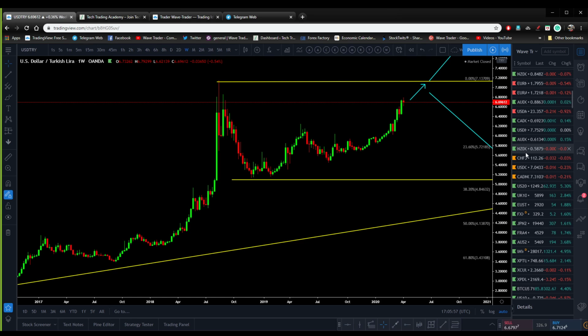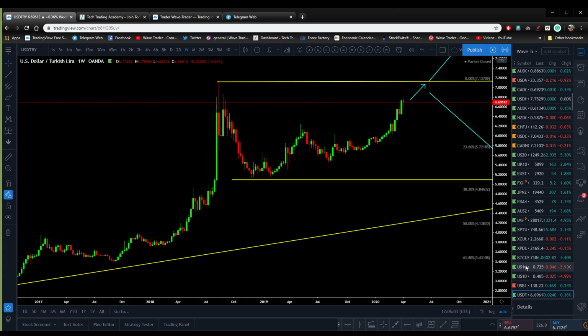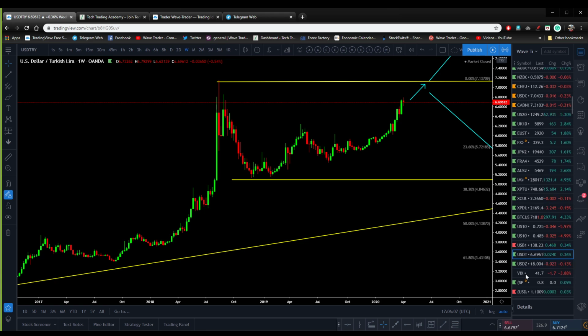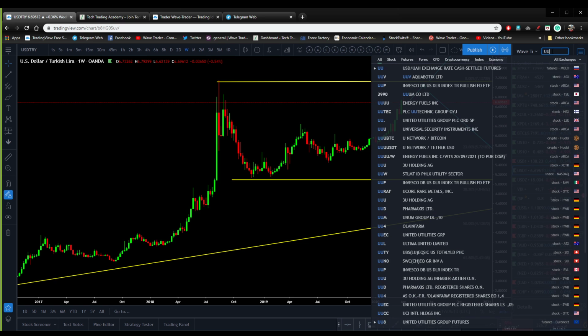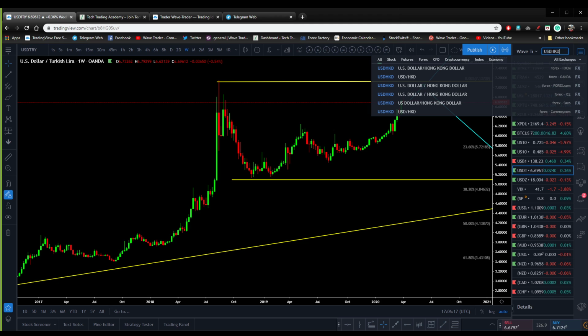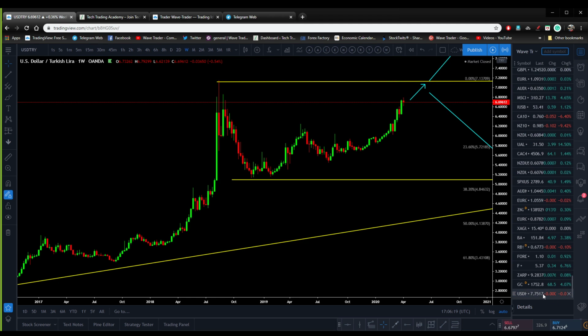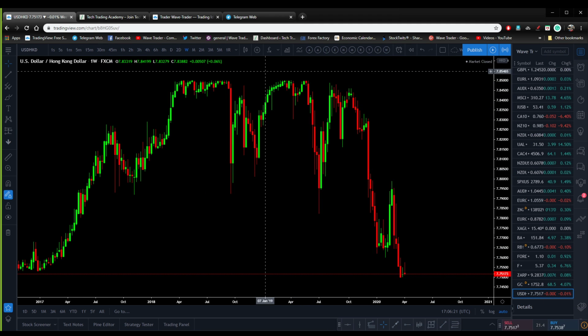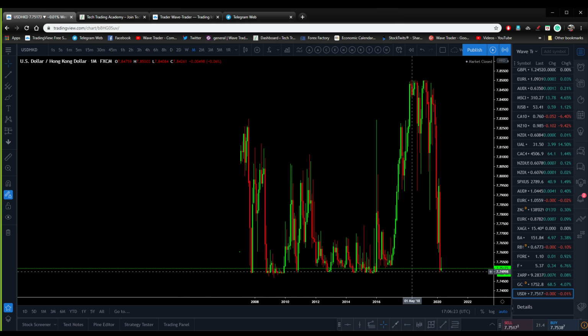Let's look at the Hong Kong dollar. There you go. It is sitting close to the pegged rate.